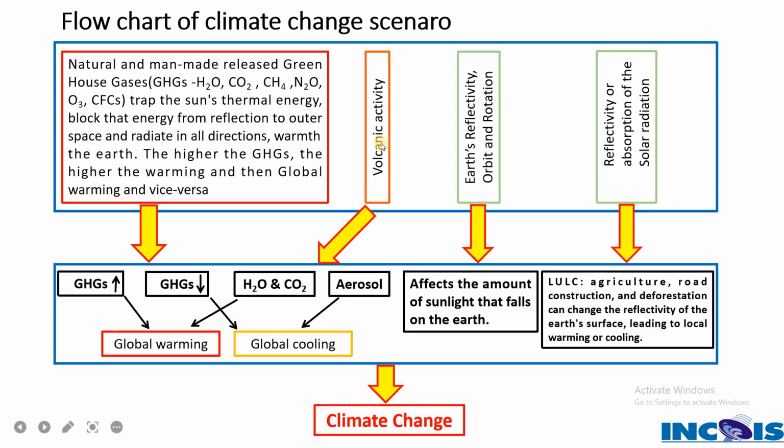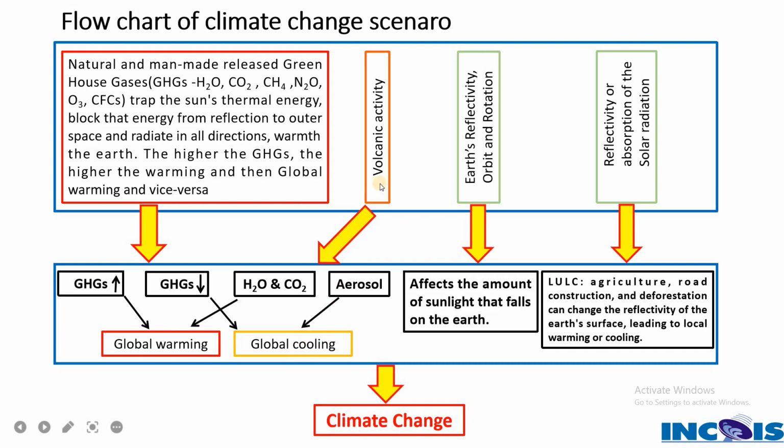And when a volcanic eruption happens, you can see a huge amount of dust also, like ash particles and aerosol particles. What do they do? These huge dust particles will block the sunlight from reaching the earth surface. So when there is insufficient sunlight reaching the earth surface, you can see some kind of cooling effect.